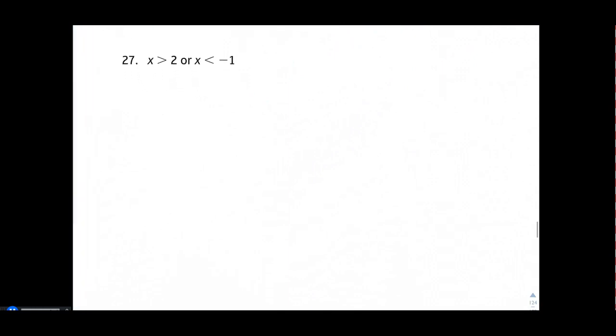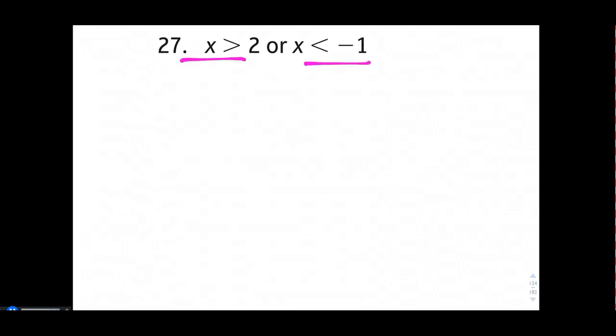Number 27 is also going to be a little different. Why? There's 2 equations. So I got to do 2 of these. Okay? So, does the 2 get a parenthesis or a bracket? A parenthesis. There's parentheses around 2. Does the 2 go on and on forever to negative infinity or to positive infinity? Positive infinity.